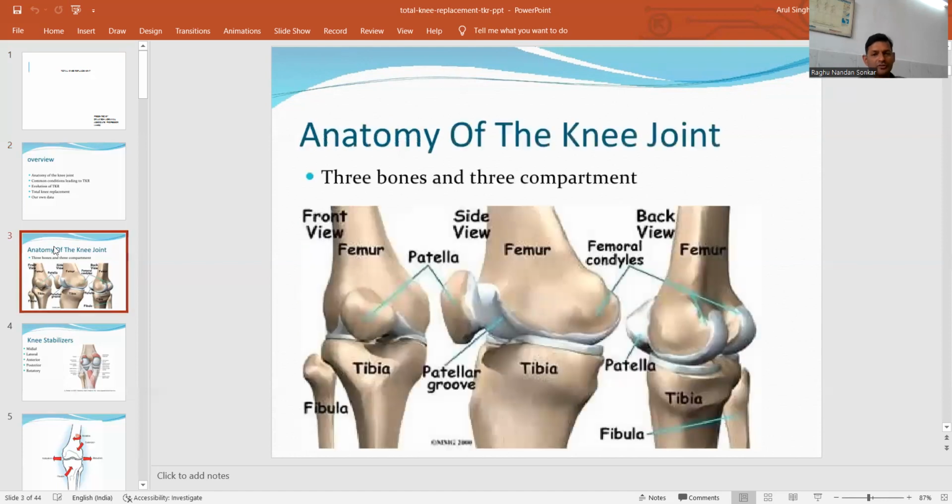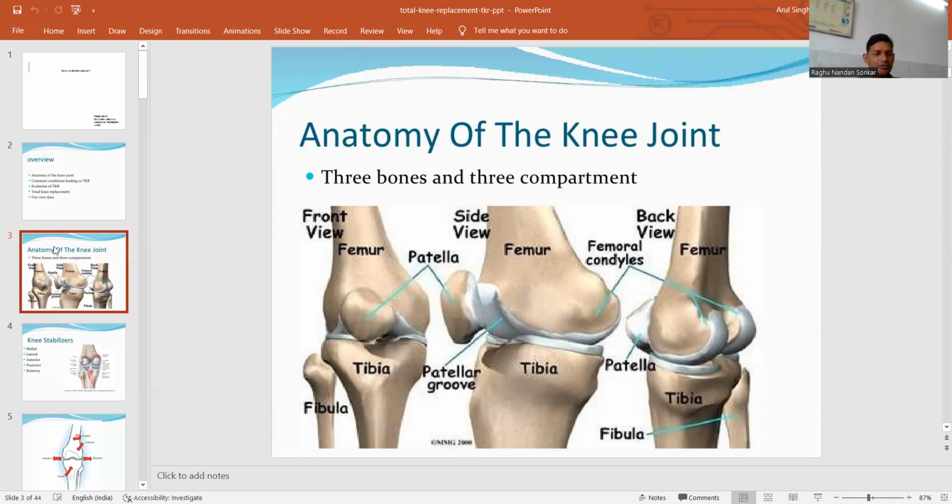So first of all, we discuss the anatomy of the knee joint. We all know our knee joint is made up of three bones: femur, tibia, and patella.